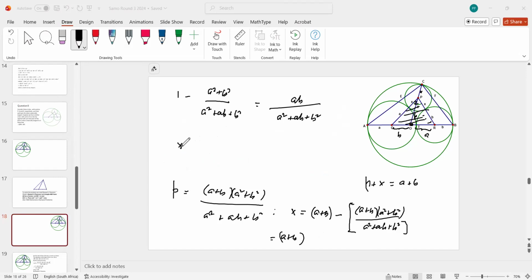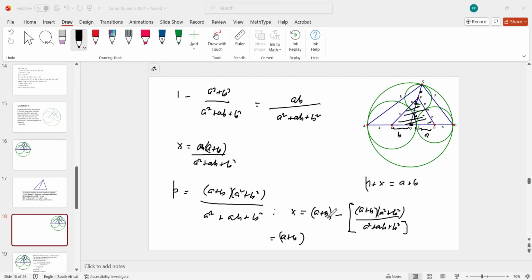X is equal to, we said, a plus b times what remains, and that's what we calculated here. And that is a plus b times this, which is ab over a squared plus ab plus b squared. So that is the radius of the circle. We're not over yet. We just found x in terms of a and b.